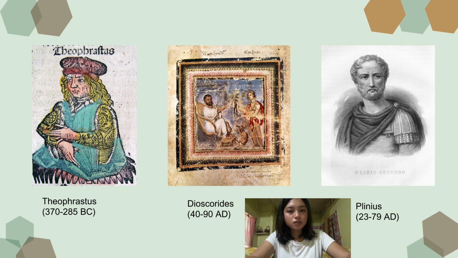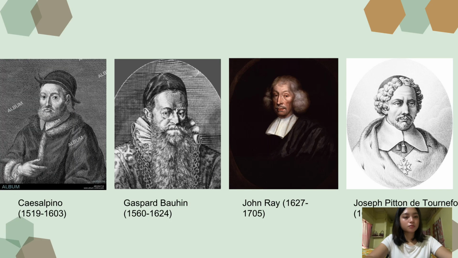So in this picture, this is Theophrastus, 370 to 285 BC. Next is Dioscorides, 40 to 90 AD. And then in this picture, he is Flavius, 23 to 79 AD.